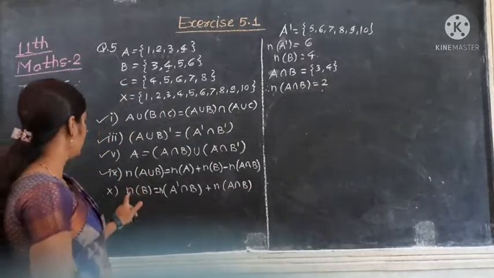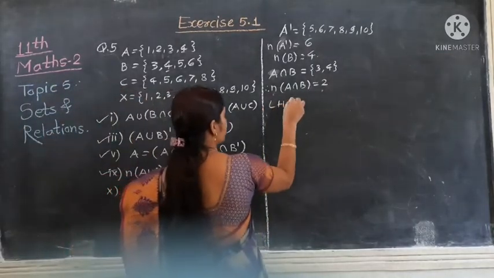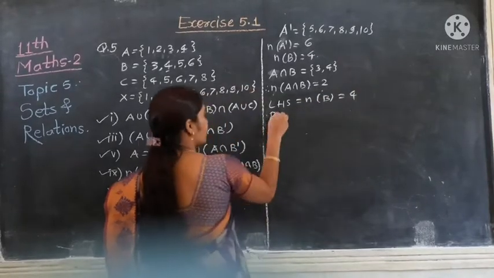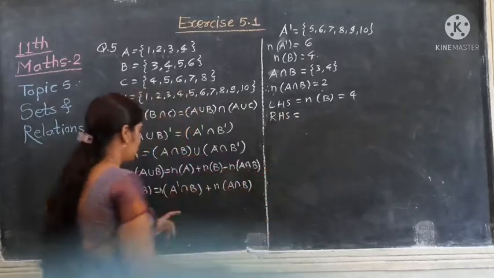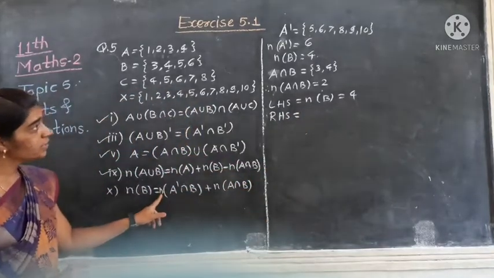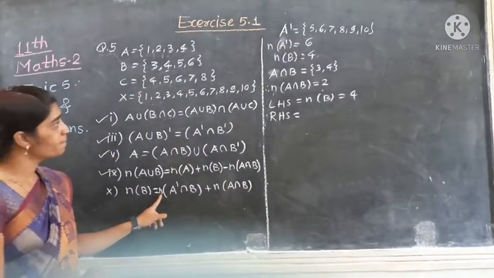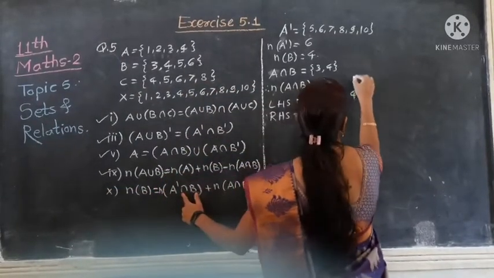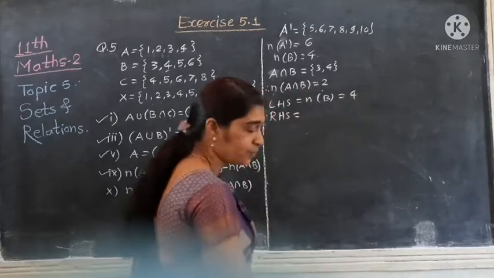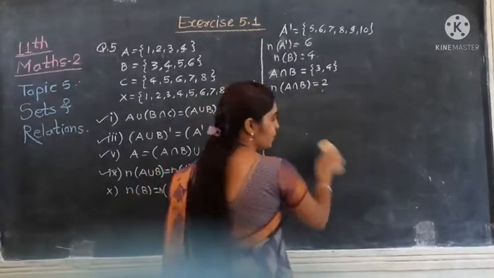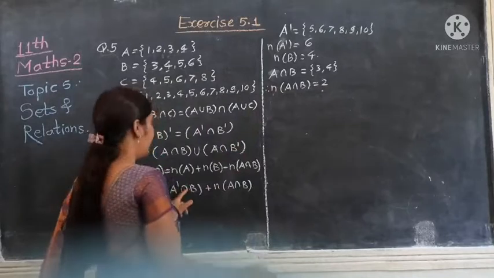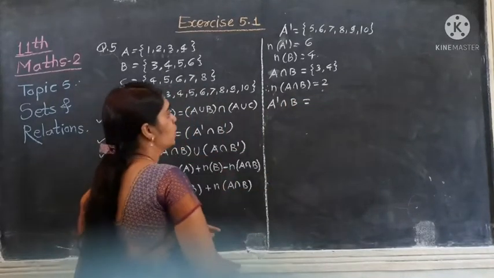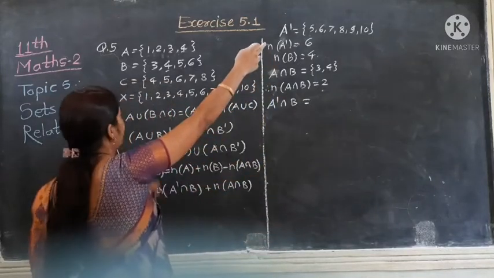Okay, now we write LHS. LHS is equal to n of B is equal to 4. And RHS, what is the RHS? Now we want n of A dash intersection B also. Okay, here you calculate. First you calculate A dash intersection B. What is the A dash and B?